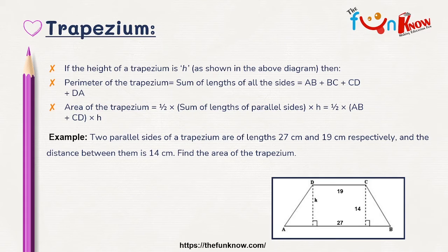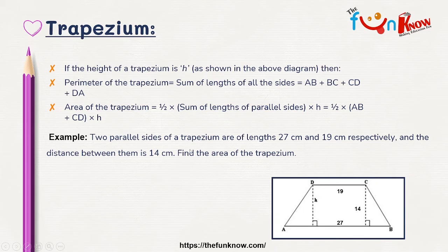Now students, the next point, area of trapezium. Area of trapezium is half into the sum of the lengths of parallel sides. As you have already seen, students, remember trapezium has parallel sides, and DC and AB are parallel to each other. So these two are the parallel sides of the trapezium.